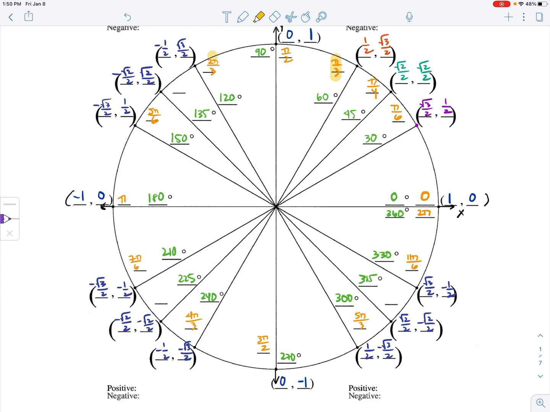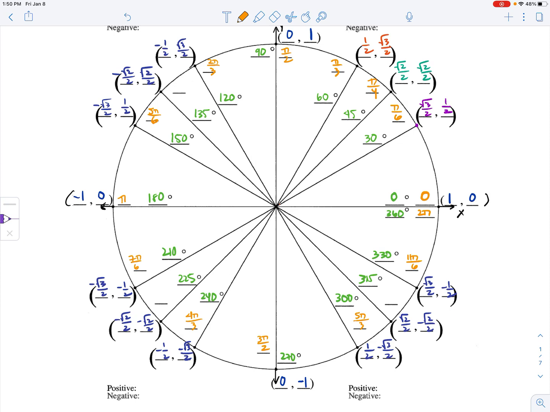And then notice if we start at pi over 3 and we keep adding pi over 3s, well, 1 pi over 3, 2 pi over 3, 3 pi over 3, 4 pi over 3, 5 pi over 3, 6 pi over 3 would be 2 pi. So then to fill in the remaining angles, let's think about adding pi over 4.